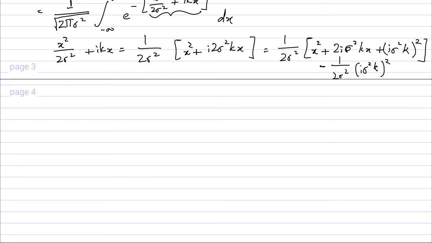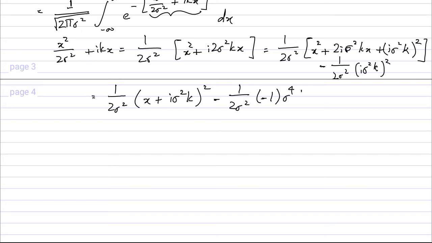And then we get that this thing is 1 over 2 sigma square x square plus 2... sorry, I can just combine this to x plus i sigma square k whole square. Yes, that is reasonable, minus 1 over 2 sigma square, and I have i square is minus 1, so minus sigma to the fourth k square.